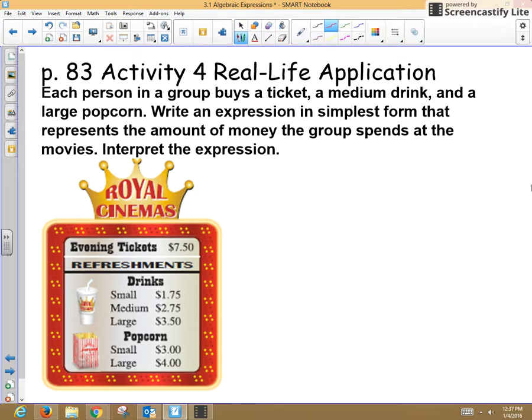If every person buys a drink, first they buy a ticket. So the cost of the tickets is $7.50. So $7.50 times the ticket. Now, every person is buying one of each thing. So I'm going to say it's $7.50 per person for the movie ticket. Plus, they buy a medium drink.